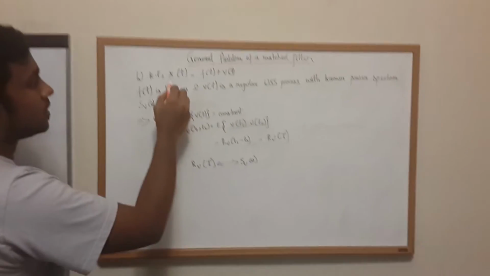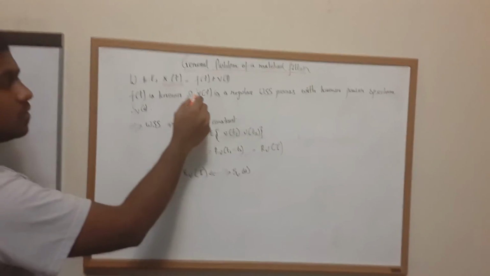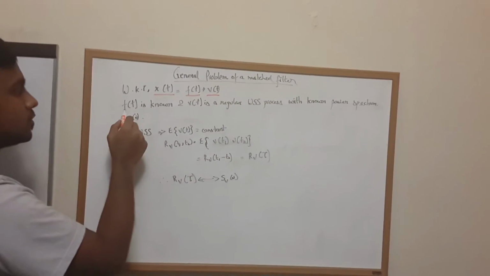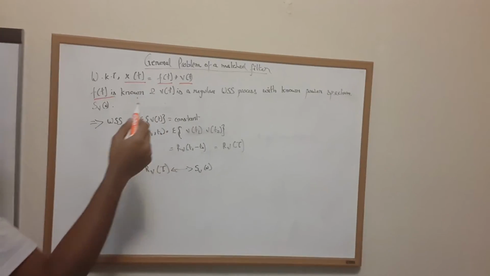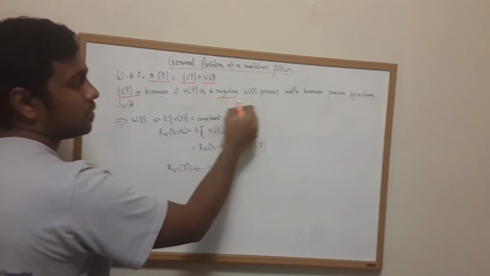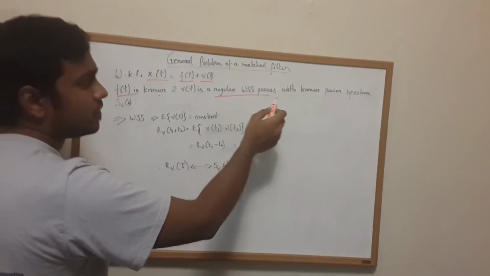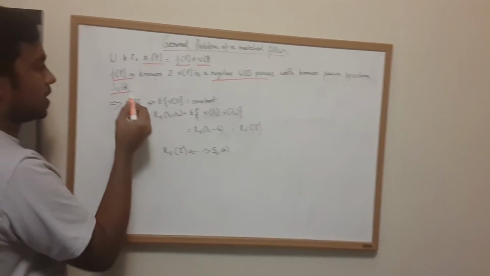Here we know that the output signal x of t equal to the input signal f of t plus the noise v of t. So we know f of t is known, and v of t is a regular WSS process. WSS means wide-sense stationary process with a known power spectrum SV of omega.